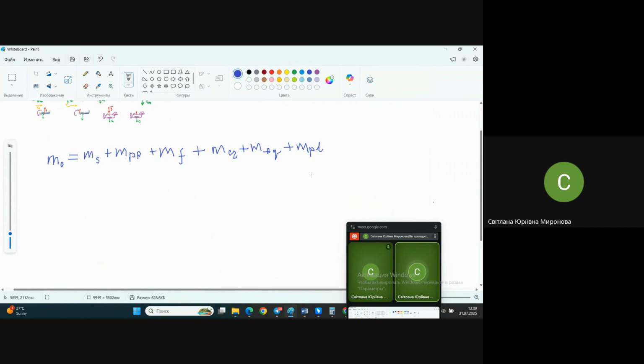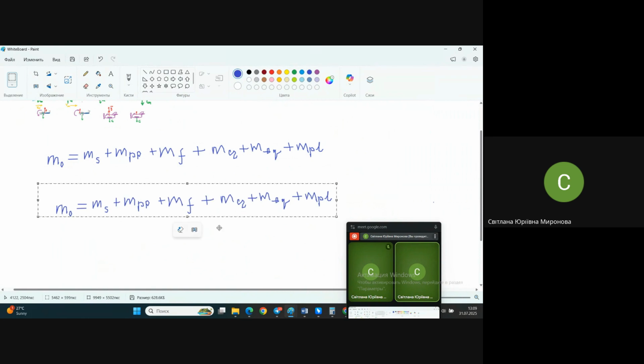Yes, but what is next out of this idea? What is the equation of aircraft or airplane existence? Let's divide all these components by M0. Let me repeat it. Everything is divided by M0, left side and right side.